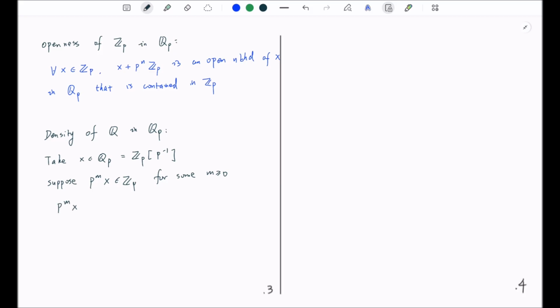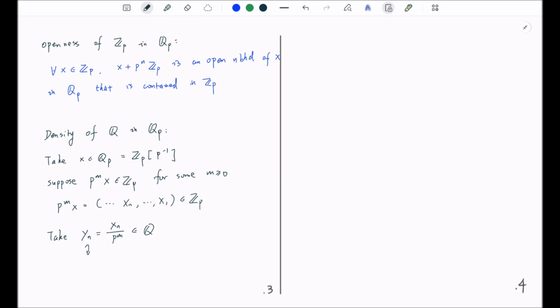And we write p^m x as a compatible sequence in Z_p. And now take y_n to be a rational number formed by the integer representation of the nth component of x divided by p to the power m. So this is viewed as a rational number.